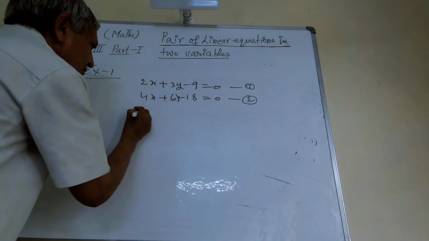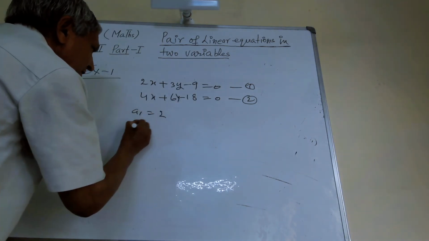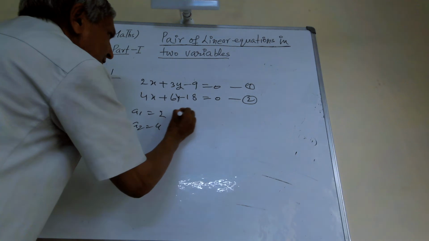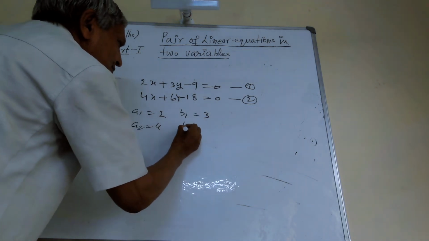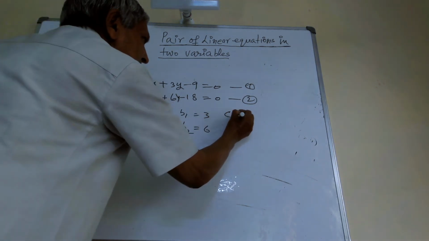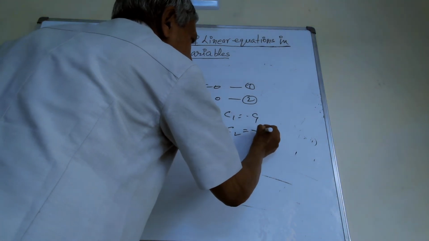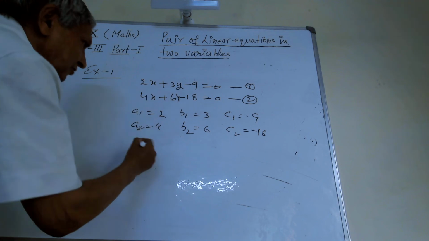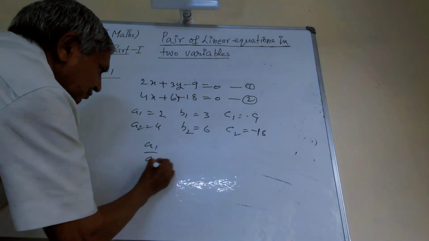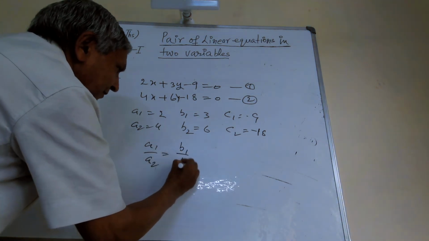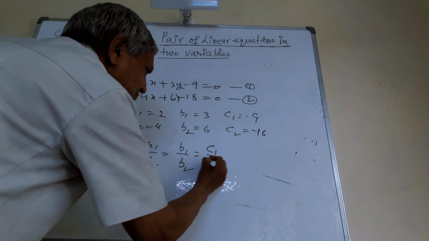Now find out the values: a1 is equal to 2, a2 is equal to 4, b1 is equal to 3, b2 is equal to 6, c1 is equal to minus 9, and c2 is equal to minus 18. Now by putting these values, a1 upon a2 is equal to b1 upon b2 is equal to c1 upon c2.